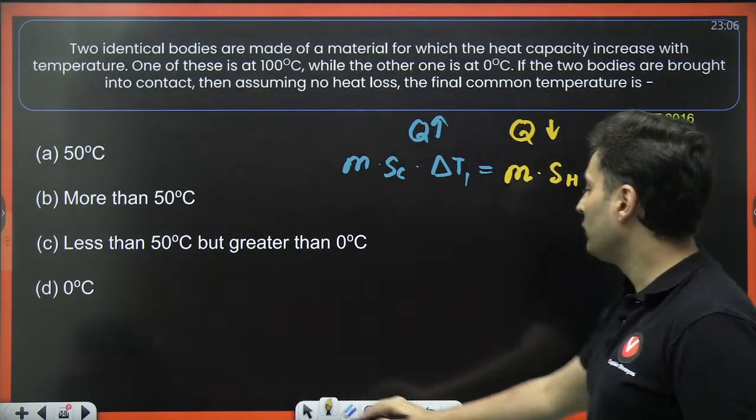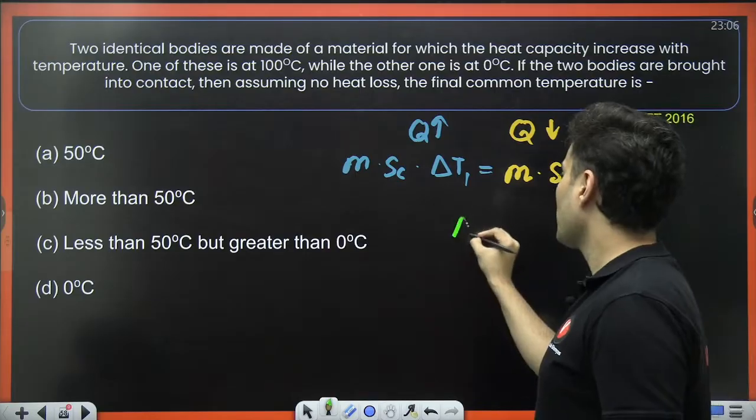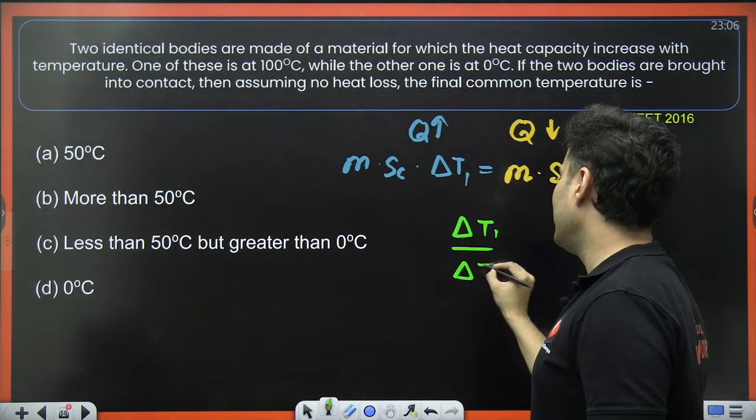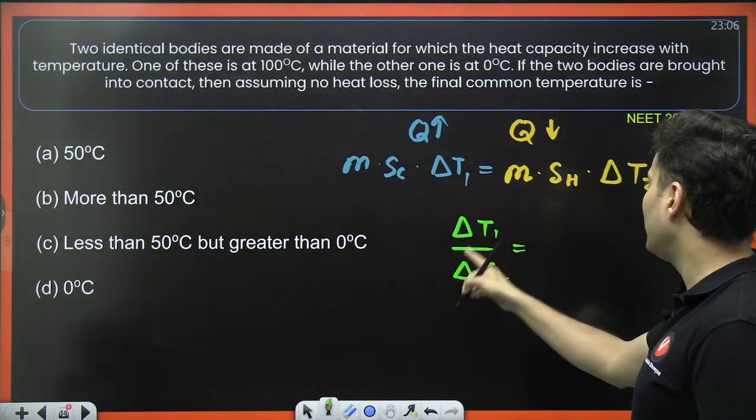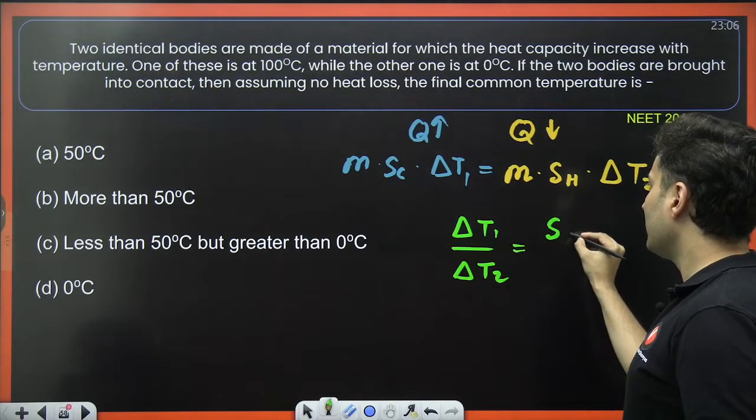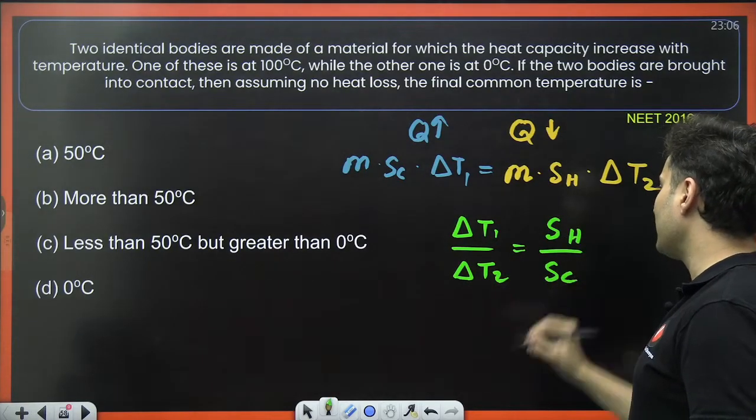In fact, if you do the simple math, delta T1 by delta T2, the mass cancels, will be SH by SC.